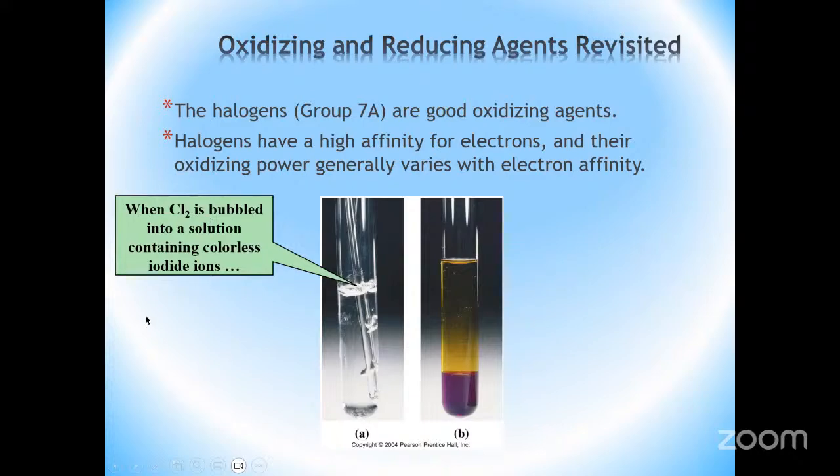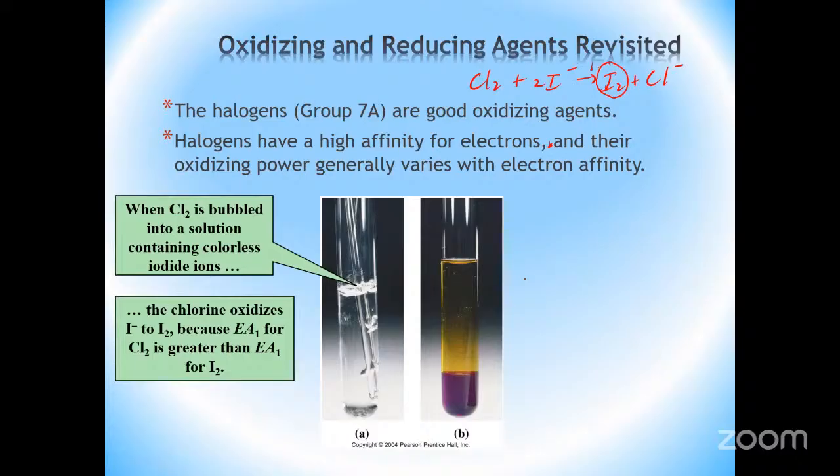So because chlorine is more electronegative than iodine, the chlorine will oxidize the iodide ion. In other words, this is the reaction that will take place. You're going to have Cl2 plus I minus, and you're going to need two of these to form I2 plus Cl minus. And what's going to happen is the formation of iodine, which forms this purple color in the solution. All right.